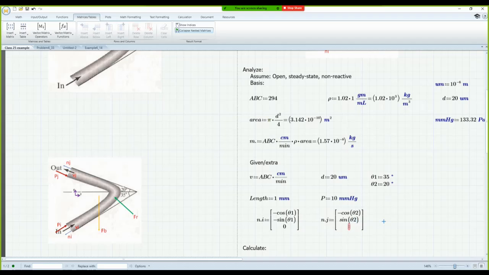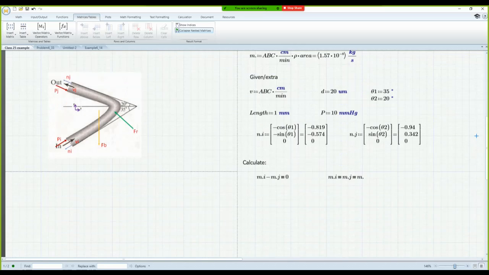So here are our unit vectors. These are vectors of length 1 that are perpendicular, pointing out from the surface in the direction of the flow. There's n I, where I need to put 0 in the z direction, and there's the unit vector for the out term.